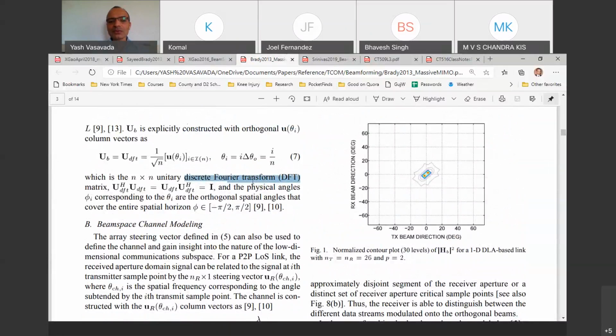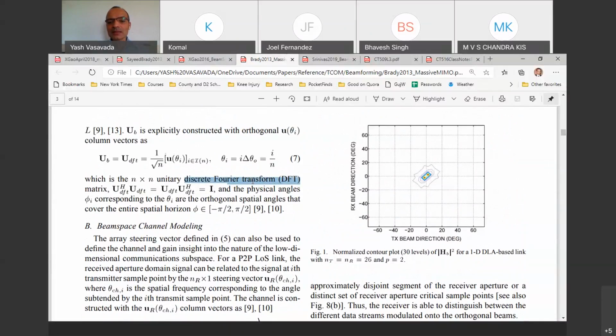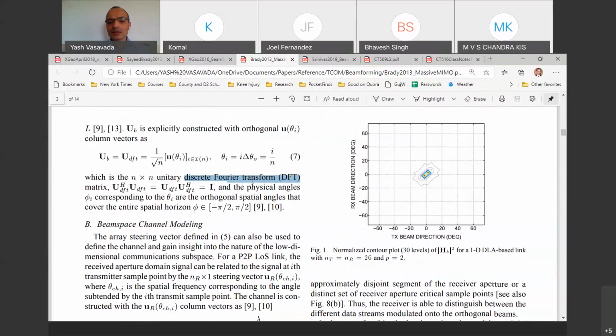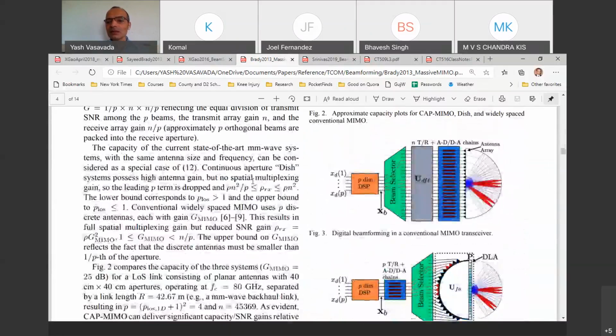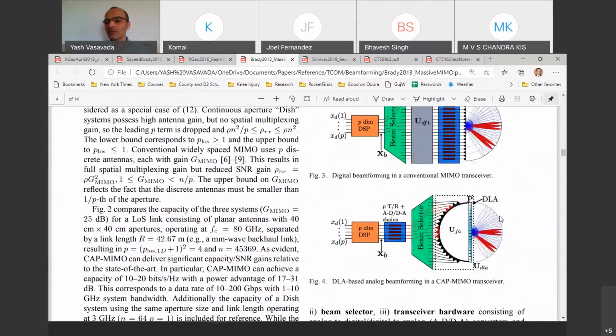And because of the discrete Fourier transformation, what will happen is, if I have only one transmitter, by the way, these are the DFT beams that you are looking at in the light gray. And the highlighted red colored ones are where they are saying this DLA will put the discrete Fourier transform beams.